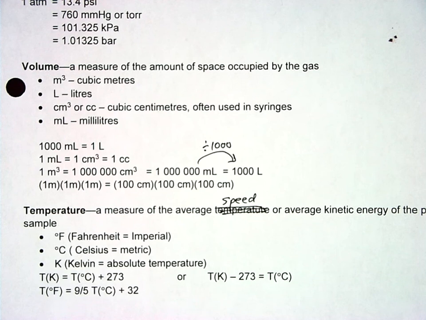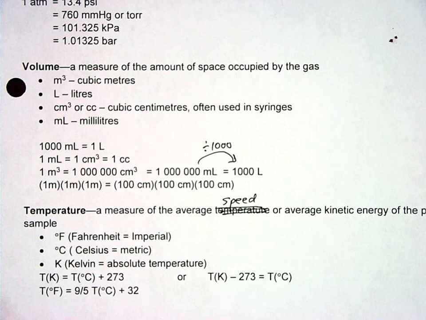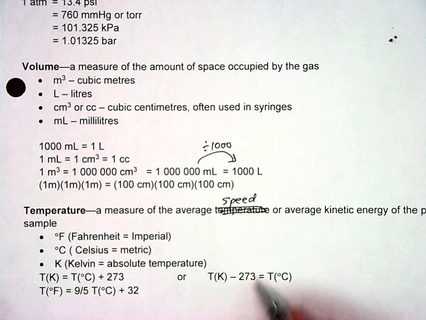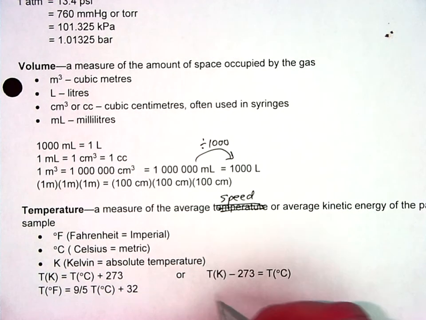Almost never going to use Fahrenheit. I'm going to do a couple examples with Fahrenheit, but mostly it's going to be with Celsius and Kelvin. Okay, so we have different relationships here. Basically, you take the Celsius temperature and add 273, or if you have the Kelvin temperature, you subtract 273, because absolute 0 is, and then we can show this here.